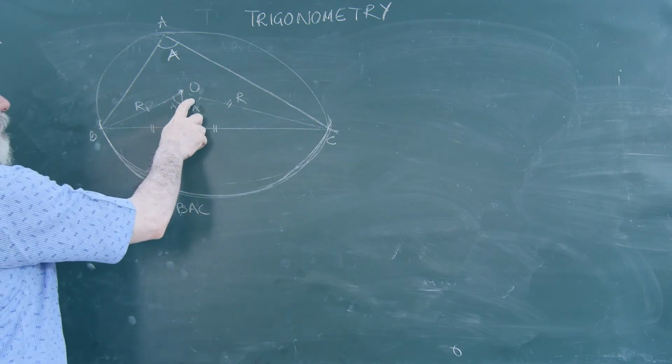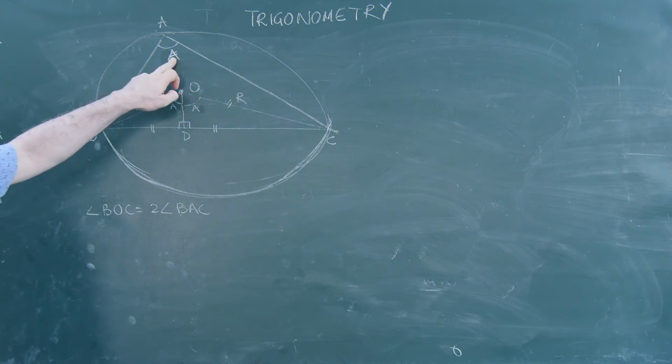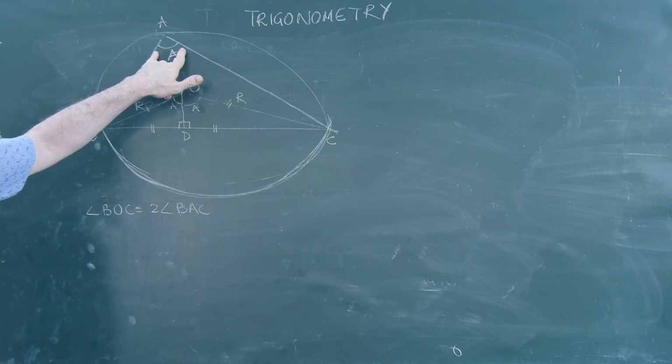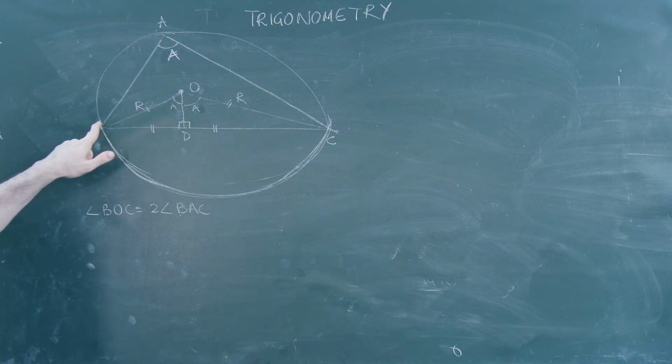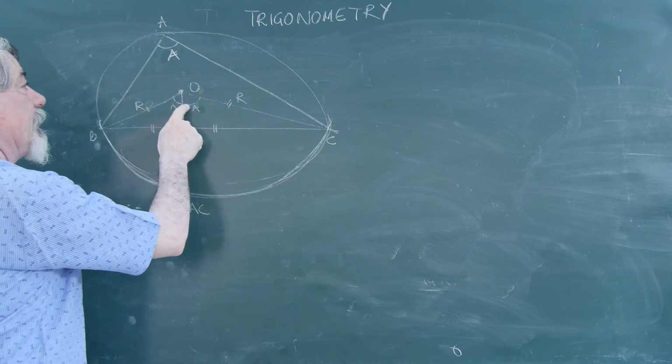So this angle will become A, this is A, this is A. This total angle is 2A, double of the angle at the circumference. But because I have dropped a perpendicular, the angle BOC is bisected.